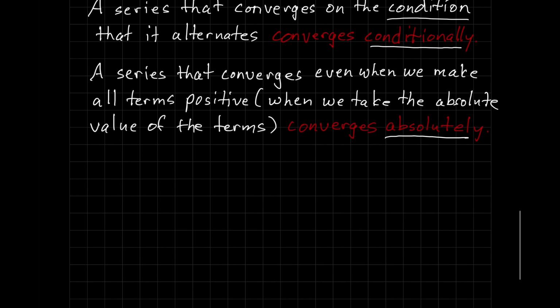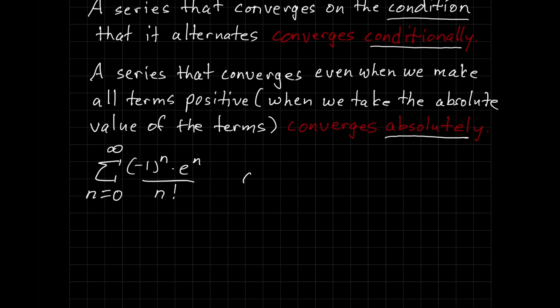So let's take a look at just a couple more examples. I'm not going to go through all of the work to show you what happens. I will leave that for you to confirm. But we have an alternating series whose terms are decreasing to 0.